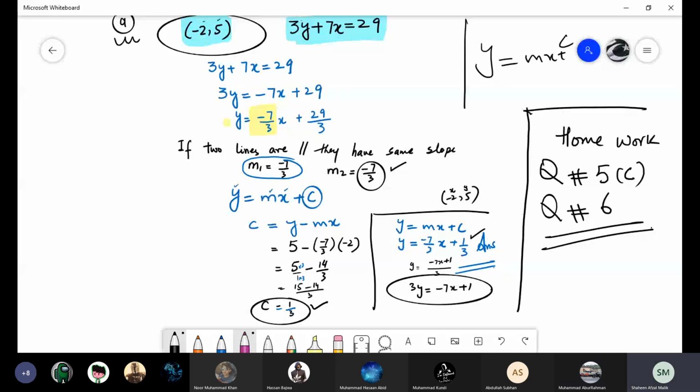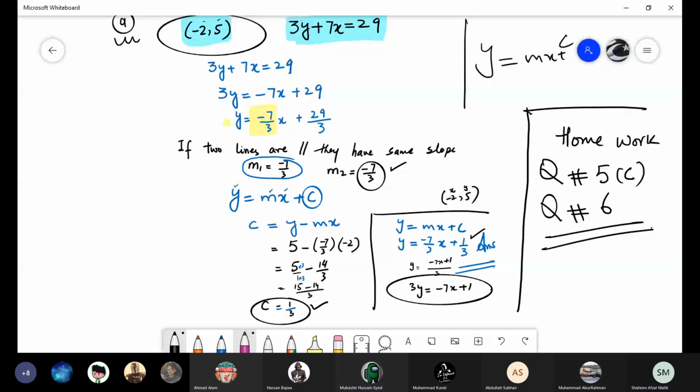Ahmed Nawaz is present. Hassan Bajwa is present. Huzaifa is present. Faik Kashif is present. Then Mubashir. Present, ma'am.